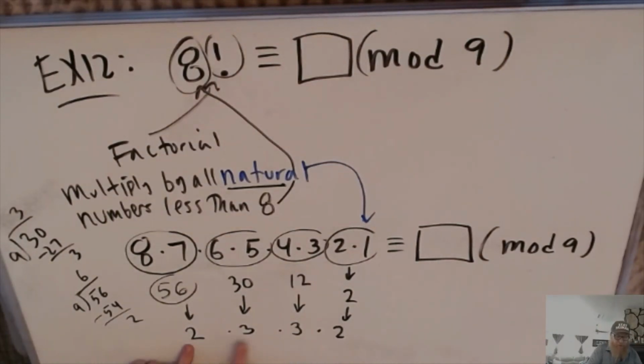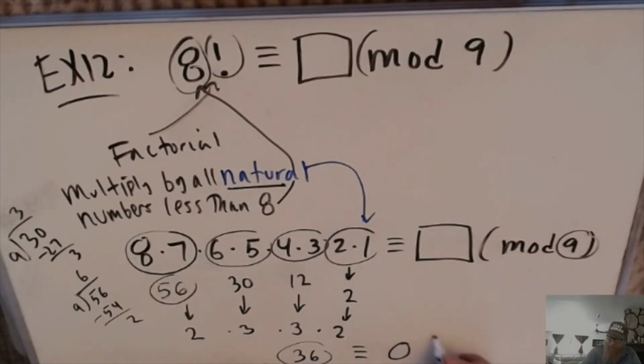And now 2 times 3 is 6. 6 times 3 is 18. 18 times 2 is 36. 36 is now a multiple of 9.